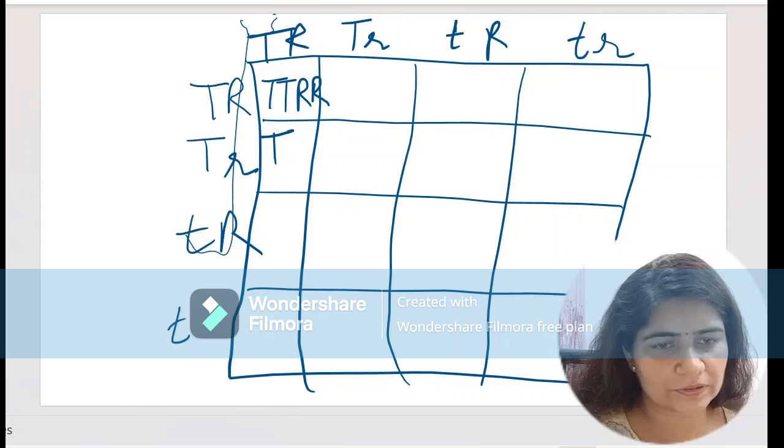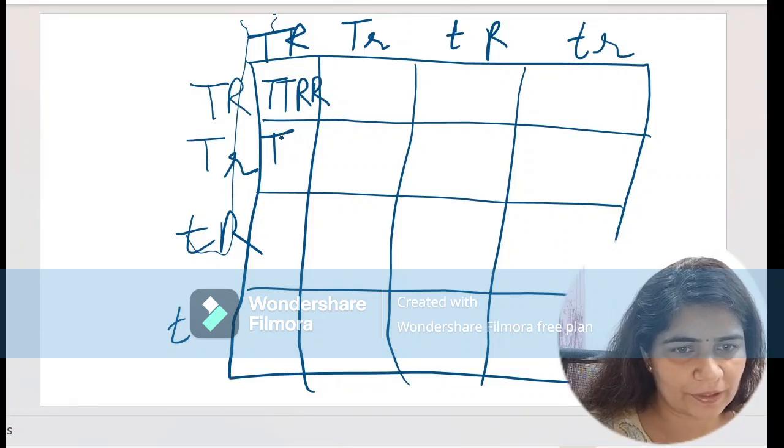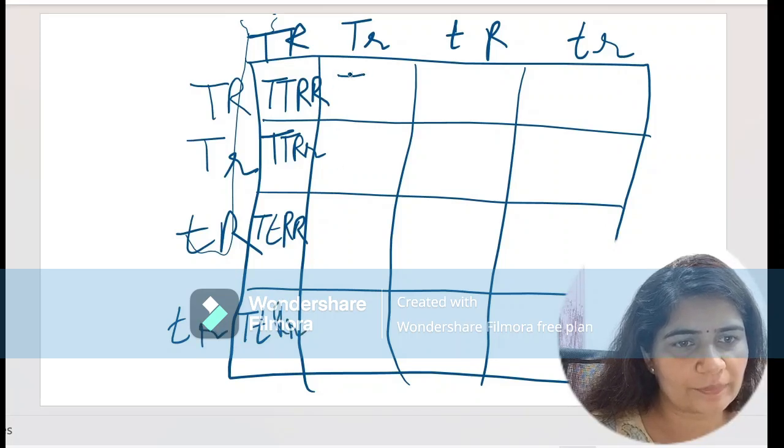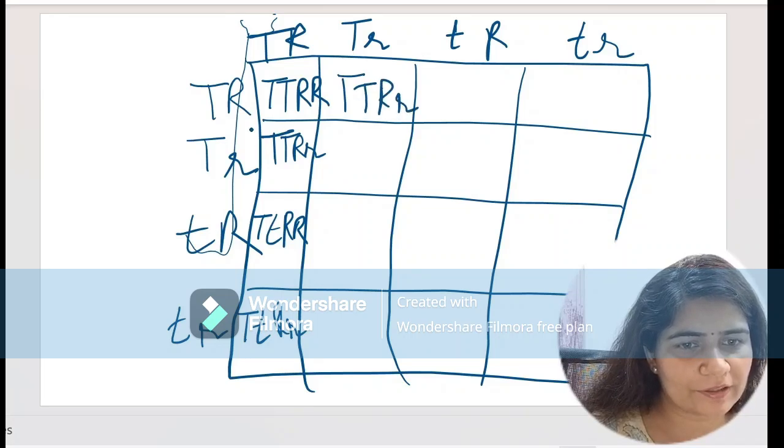So make sure that you write both the alleles together. As you know, tall and dwarf are alleles of one gene, round and wrinkled are alleles. So try to write them together. This will reduce your confusion and also reduce errors. Okay, so capital T, small r, capital R, small r. So please fill up the entire matrix as I'm doing here, and please do along. The more you practice, the more efficient you become, right?